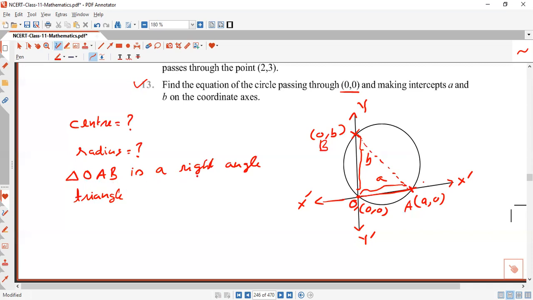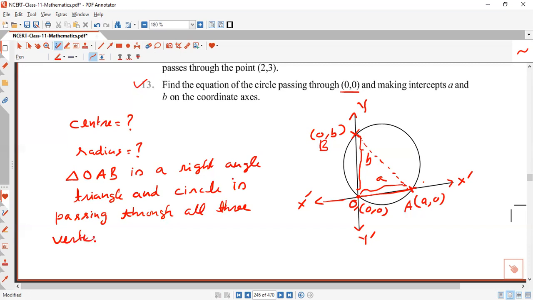Triangle OAB is a right angle triangle, and the circle is passing through all three vertices of it.